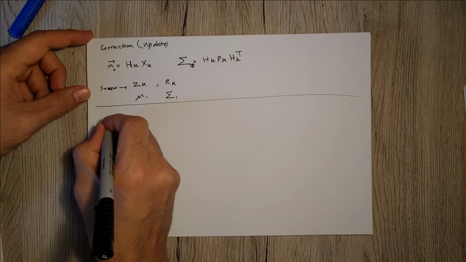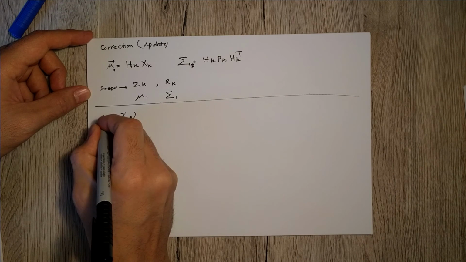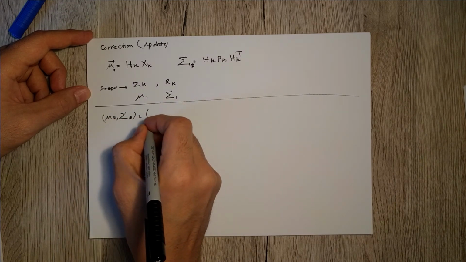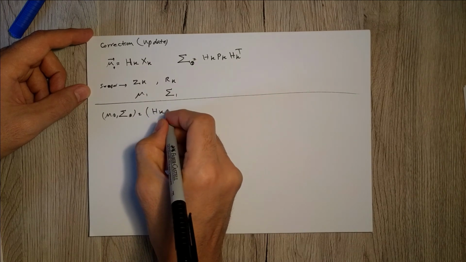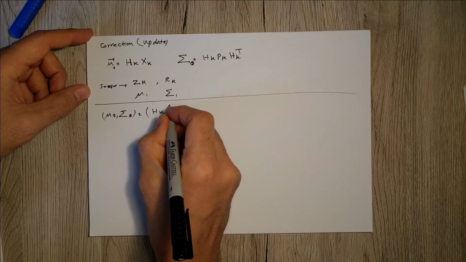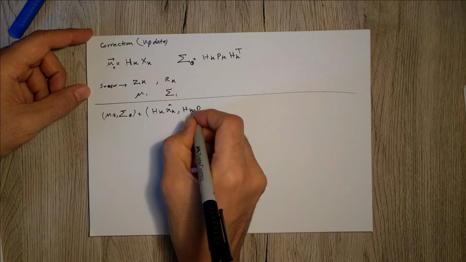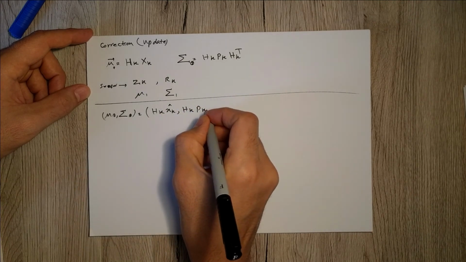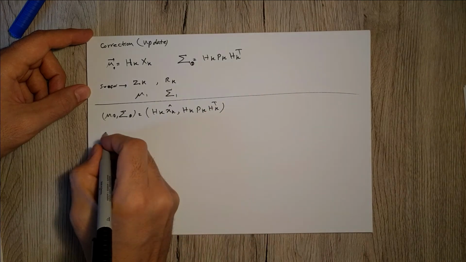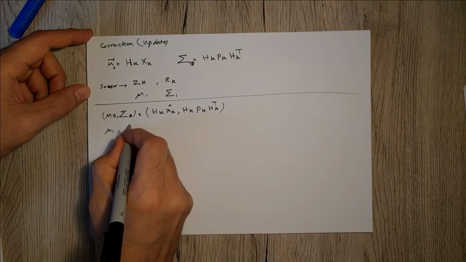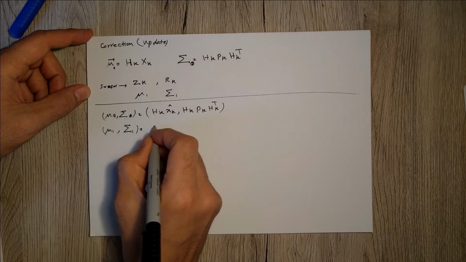So we have one Gaussian, one state estimation with this form, with this mean and covariance, and we have our measurement data with the following mean and covariance.